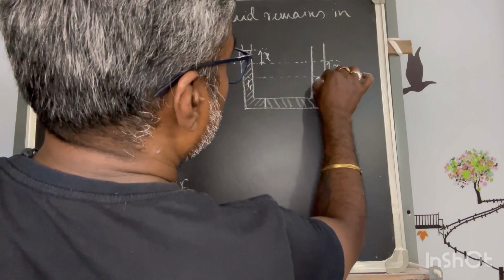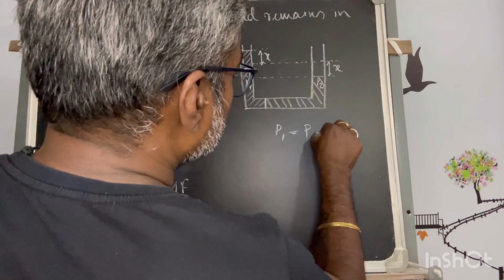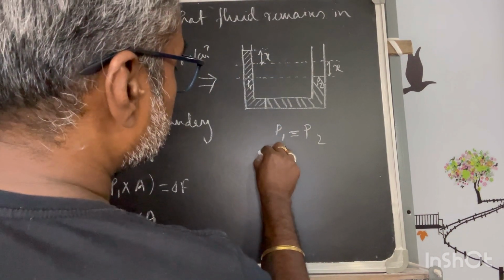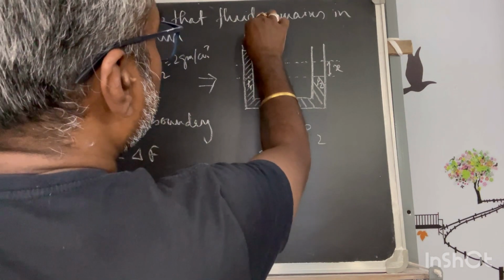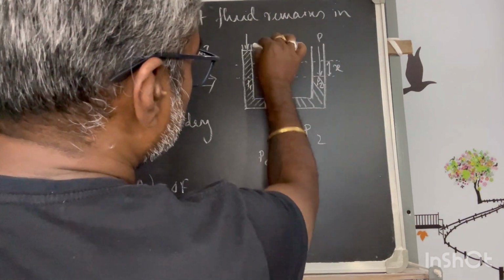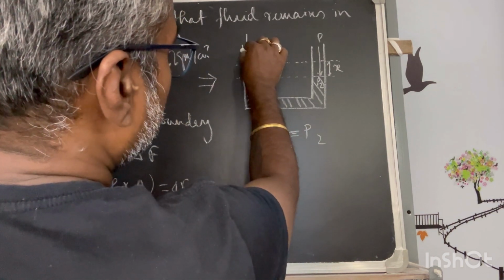If it is P1 here, it is P2 there. So at this point, P1 equals P2. Okay. So what is P1 here? P1 is atmospheric pressure on the top. This also comes under atmospheric pressure. So this is P0. P1 is P0 plus, what are the liquid columns?